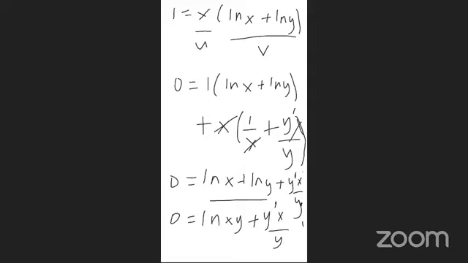Right? So, kani siya, pwede na to siya i-transpose dito sa pikas ang kaning ln xy. So, 0 is equals to ln xy plus y prime times x over y.